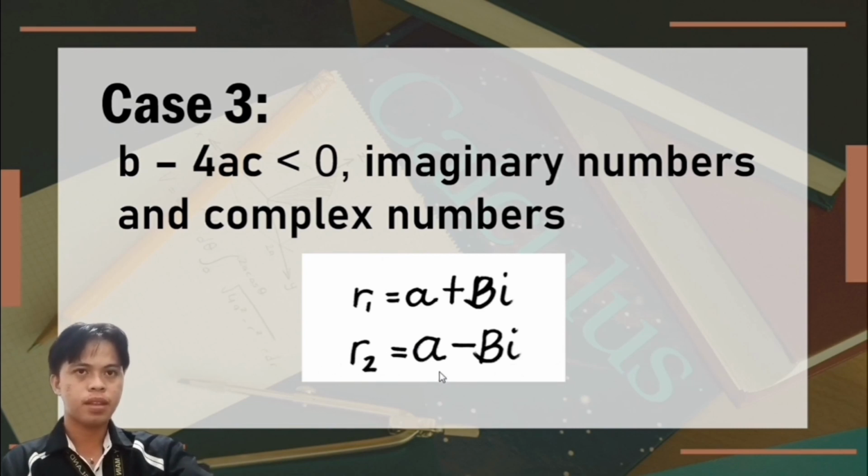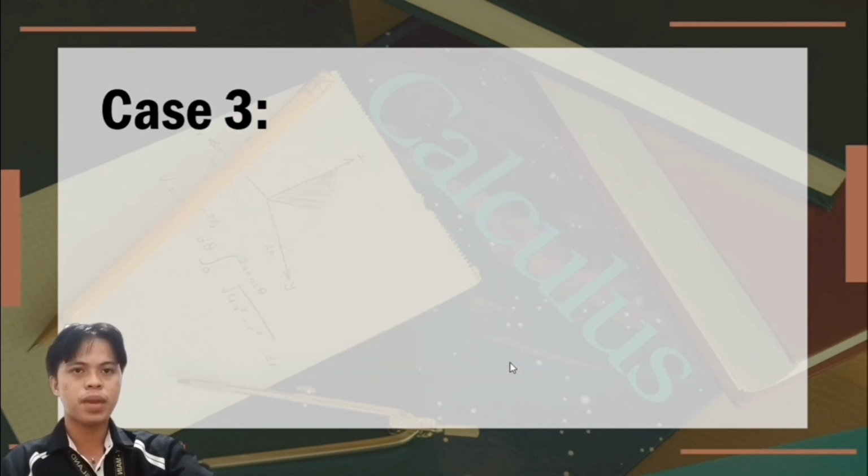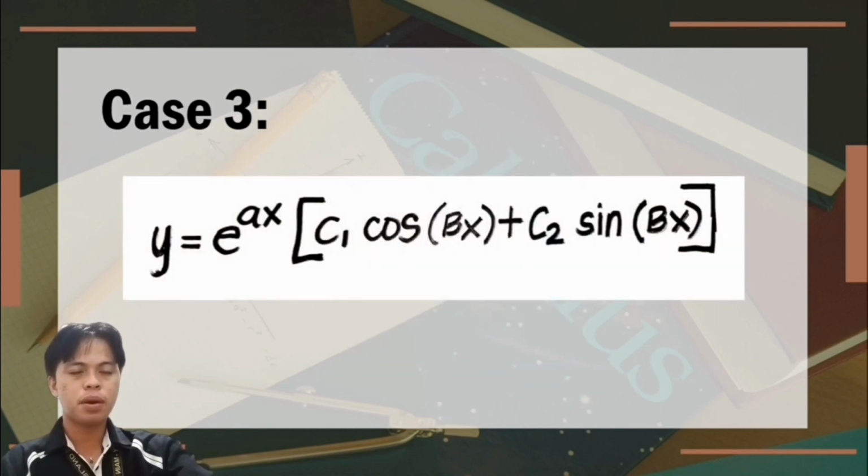The general solution for this case would be y equals e raised to the power of alpha times x times the quantity c sub 1 cosine beta times x plus c sub 2 sine beta times x.